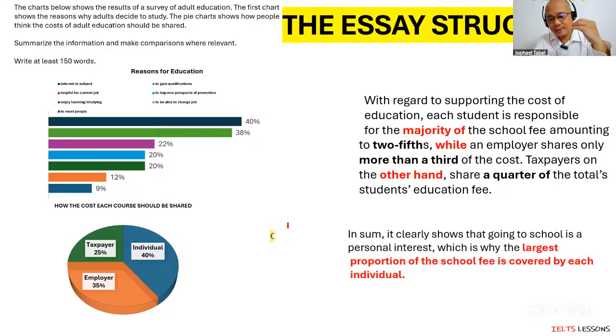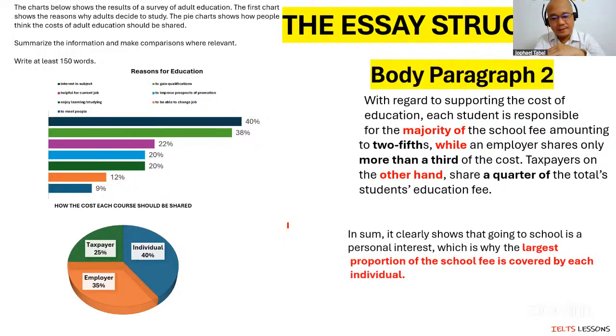However, it's placed at the last paragraph. So it shouldn't be introduction, overview, body paragraph 1, body paragraph 2, and conclusion. It shouldn't be that way. It should be structure A or structure B, the most common structure or the other type of structure.